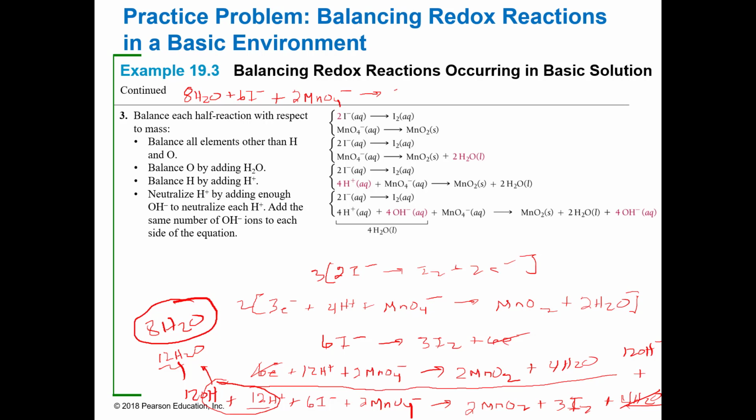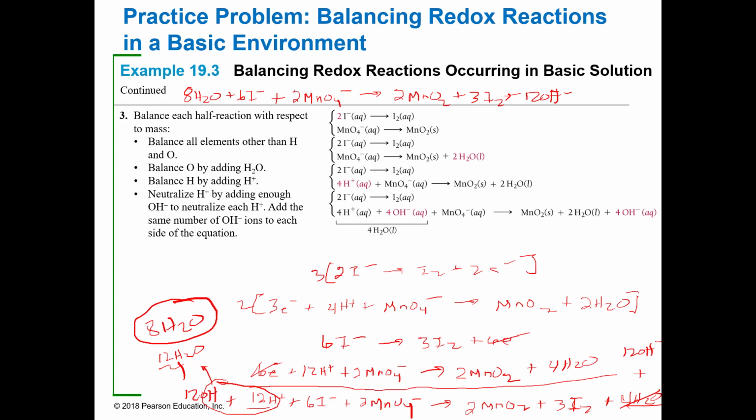That yields 2 manganese 4 oxides, 3 iodines, and 12 hydroxide. All right. So then students say, well, I'm done. I'm finished. The hydrogen ion's gone away, and everything's balanced.